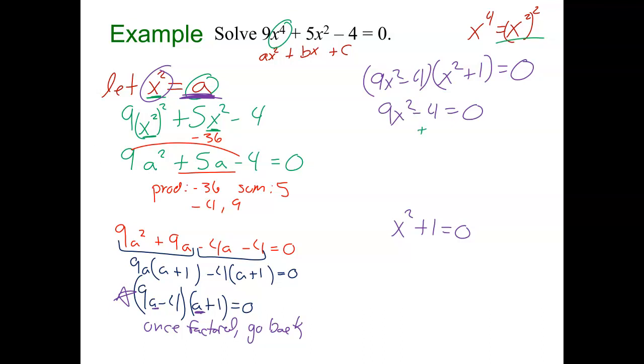Move forward. 9x squared equals 4. Now what? Not yet. Divide by 9. Then we square root. Equals 4/9 square root. So, x squared equals what?